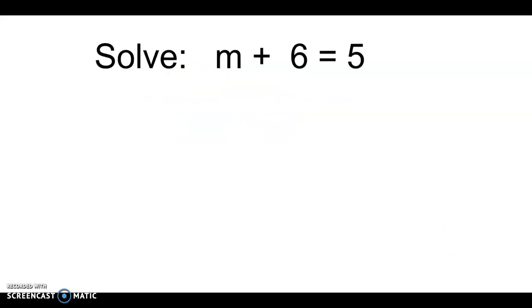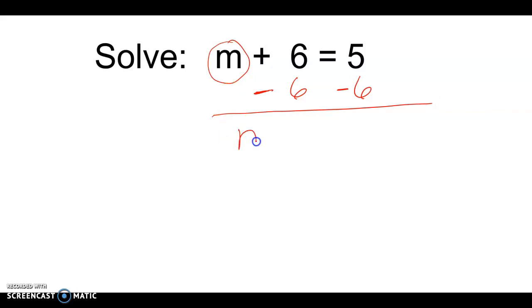M plus 6 equals 5. So if you circle the variable term, m, we need to get rid of the plus 6. So instead of adding 6, we subtract 6. So you're doing the opposite. And you got to do that to both sides, so we put a minus 6 on the other side. The m comes down. The plus 6 and minus 6 cancel each other out.